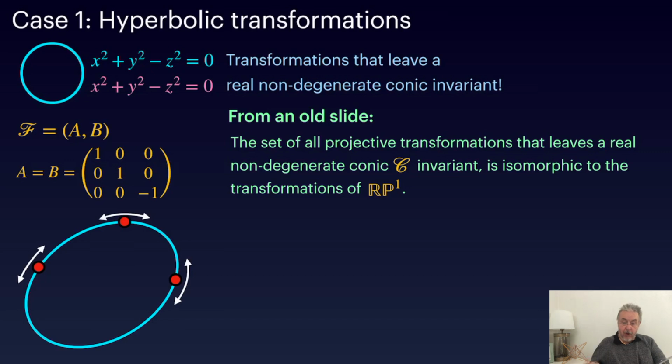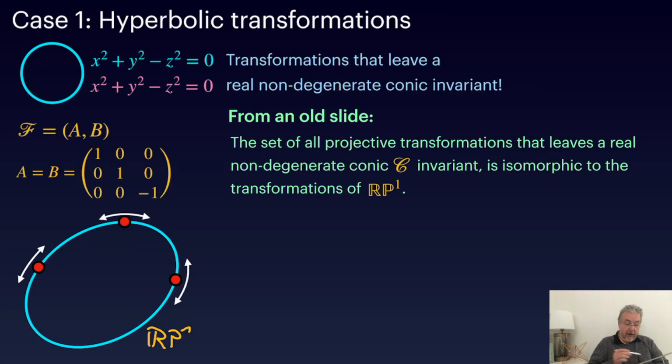So you hopefully remember that we associated the line defining this conic with an RP1 line by viewing the points on that conic from the perspective of a point, and it turned out that all projective transformations of that conic were given by the image pre-image pairs of 3 points.